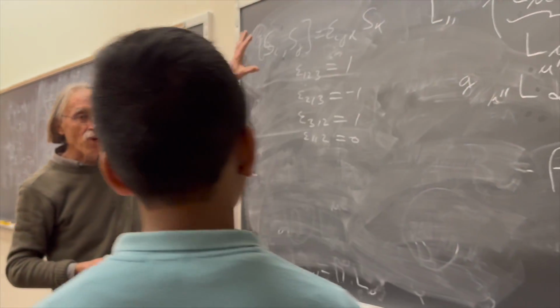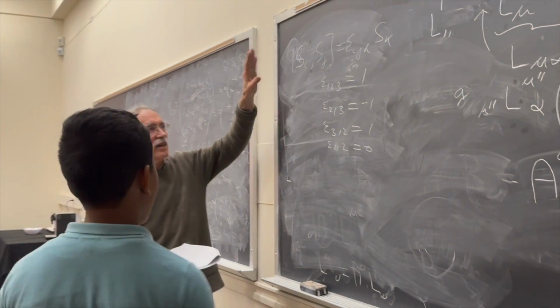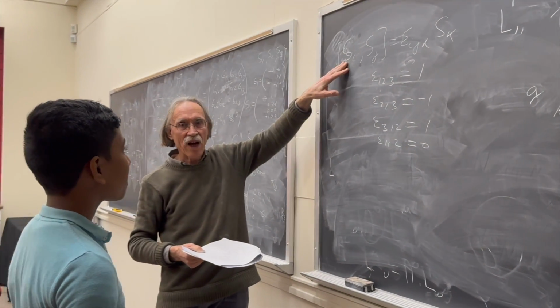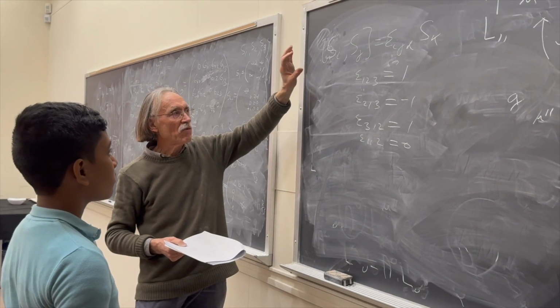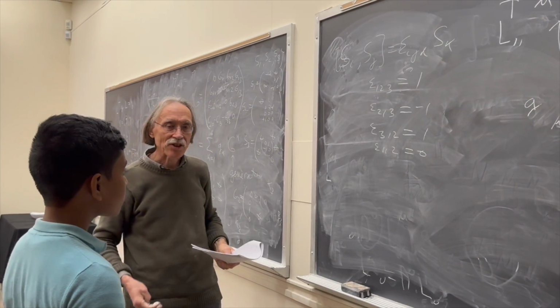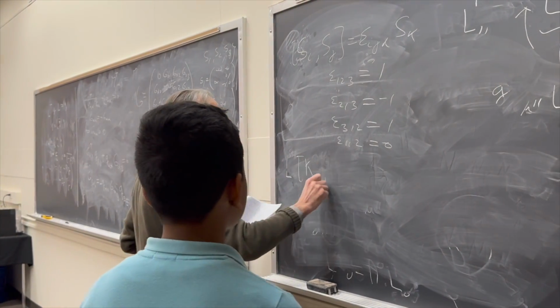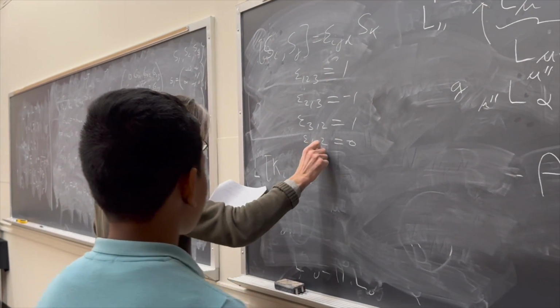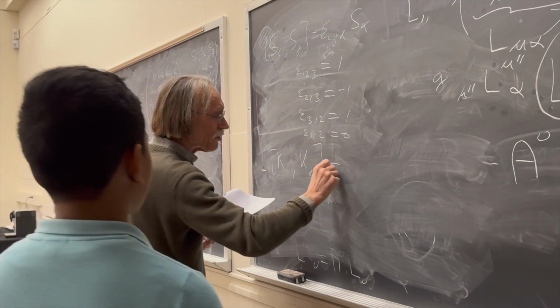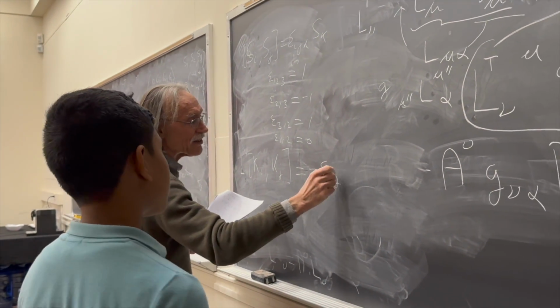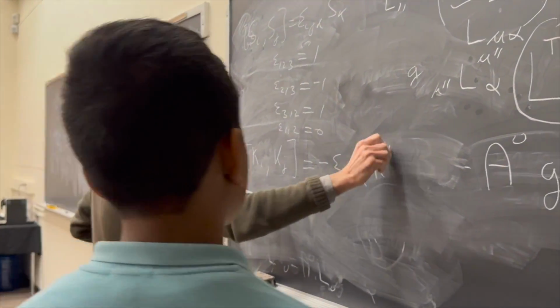This is a very important Lie group, Lie algebra property, which is true for the generators of the rotation group. And then for the other one, we have a different one: the commutator of Ki, Kj is equal to minus epsilon ijk times Sk.